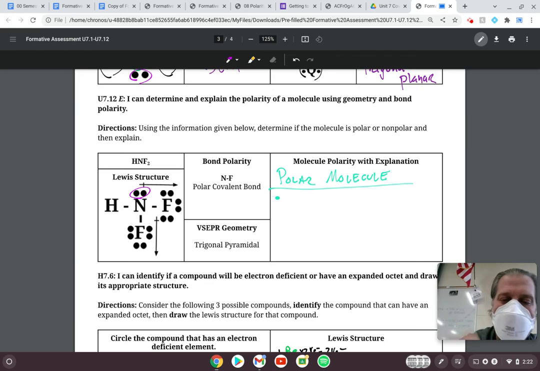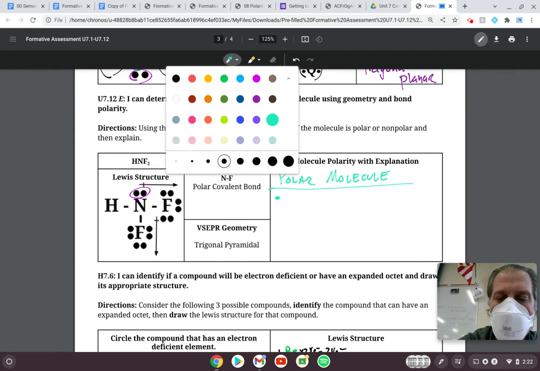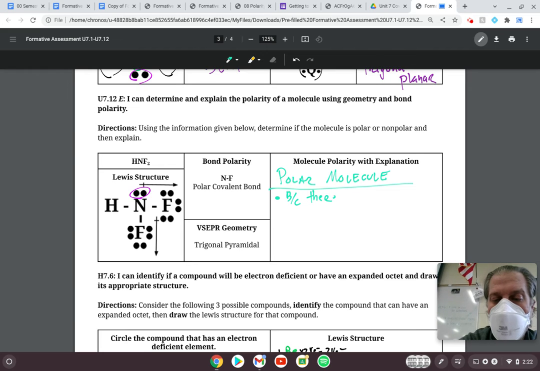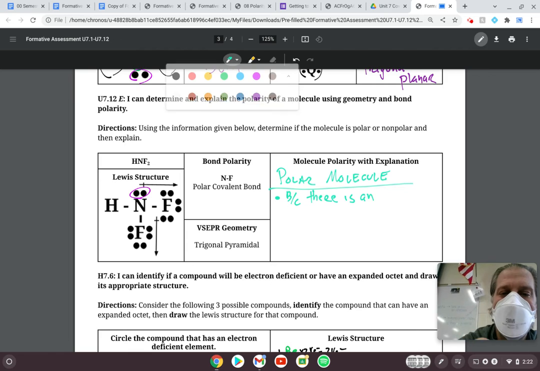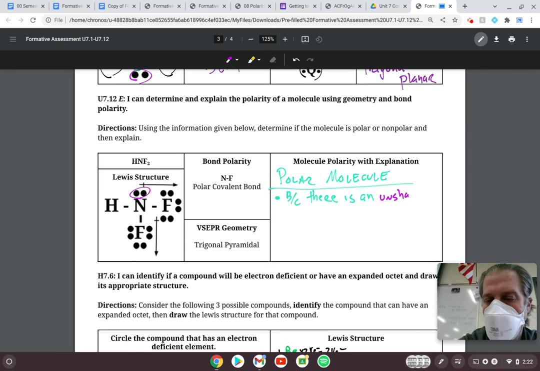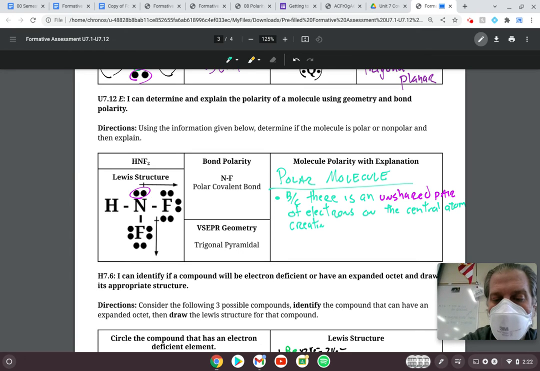The first reason is that it's a polar molecule because there is an unshared pair of electrons on the central atom, creating a large area of negative charge on the central atom.